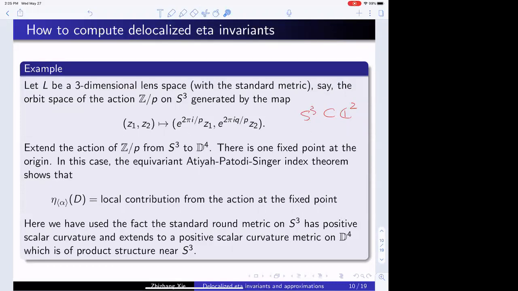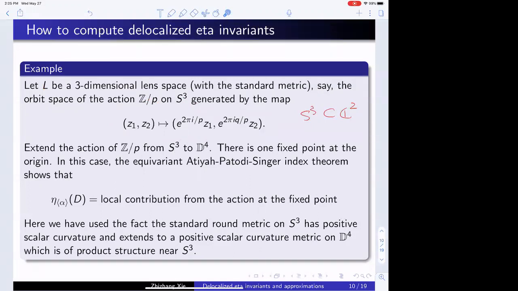So in this case, the fundamental group of L is Z/p, and S3 is the universal cover. You can ask about the associated operator on L, which is the corresponding Dirac operator.